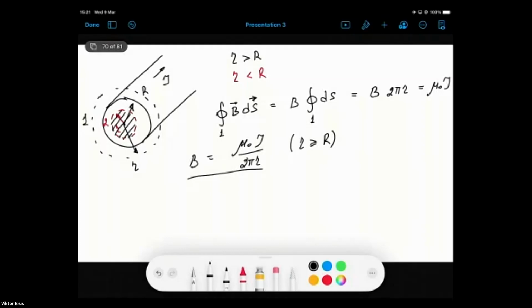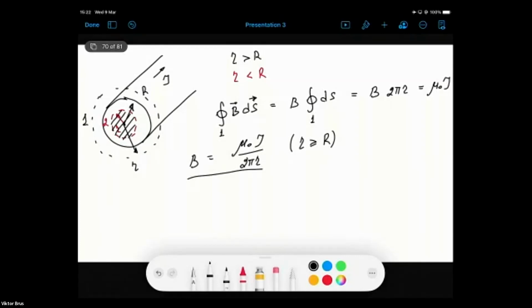The thing is that when we have first closed path with the radius larger than the radius of the cross section of the wire, it does not matter to us because we know that all current which flows through the wire will flow also through the surface of the first closed path.